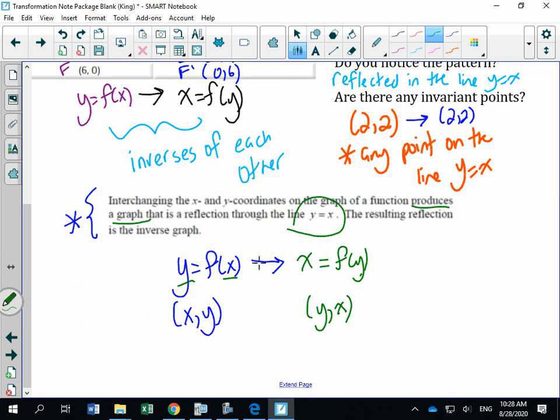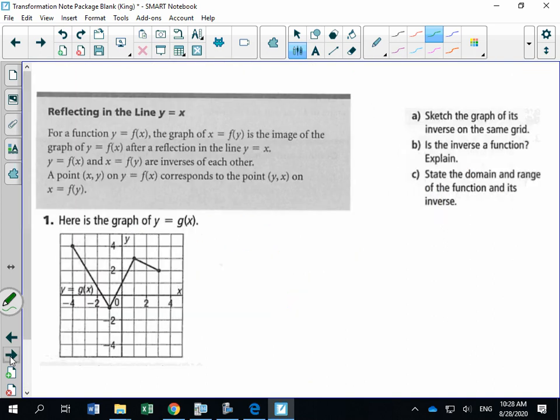So these two graphs are reflections of each other in the line y is equal to x, and the resulting graph is the inverse graph. So this is the inverse of the original function. Okay? And that's pretty much stating that right here.